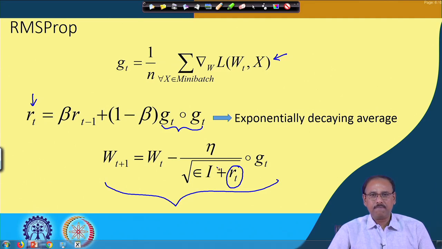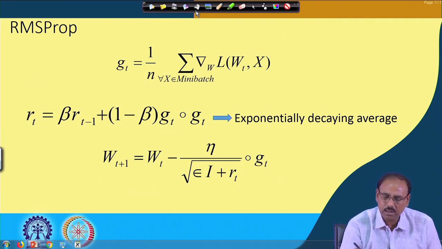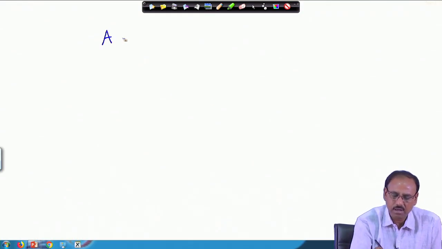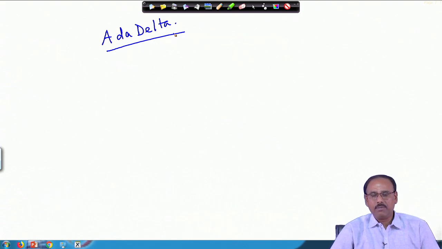And we said that there is a very closely related algorithm to this RMSProp, which is known as AdaDelta. What AdaDelta does is, in case of RMSProp, you are taking the exponentially decaying average of the squared gradient.